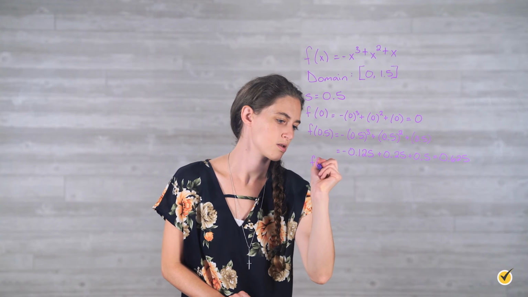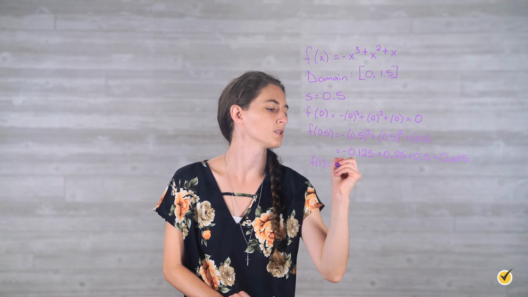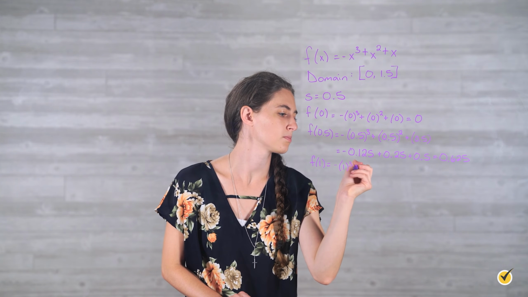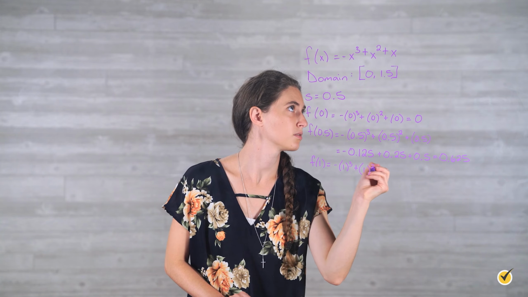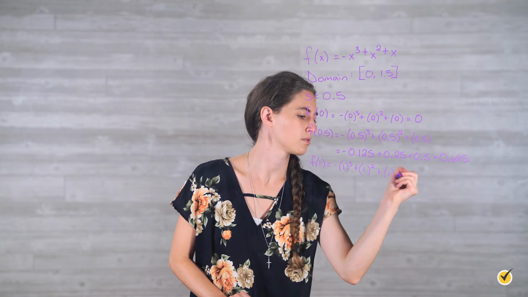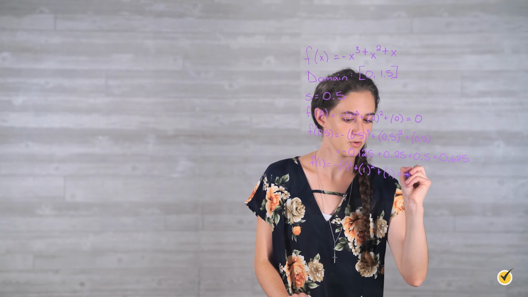F of 1 is equal to negative 1 cubed plus 1 squared plus 1, which is equal to negative 1 plus 1 plus 1, which equals 1.